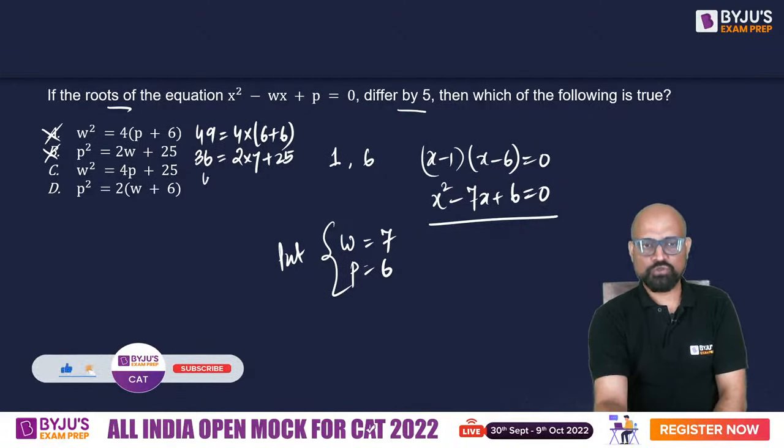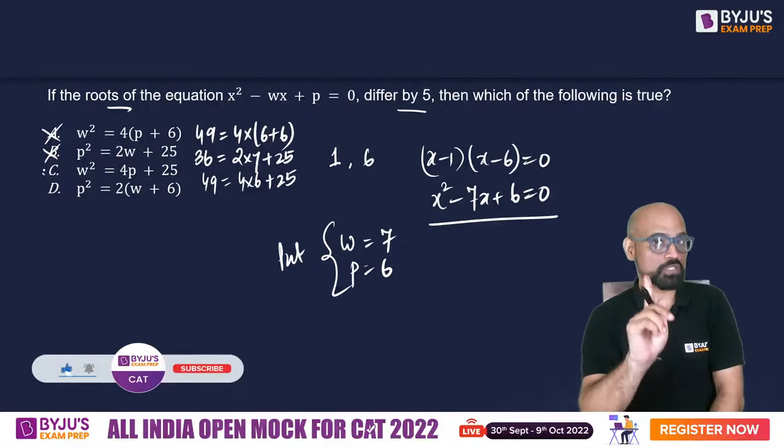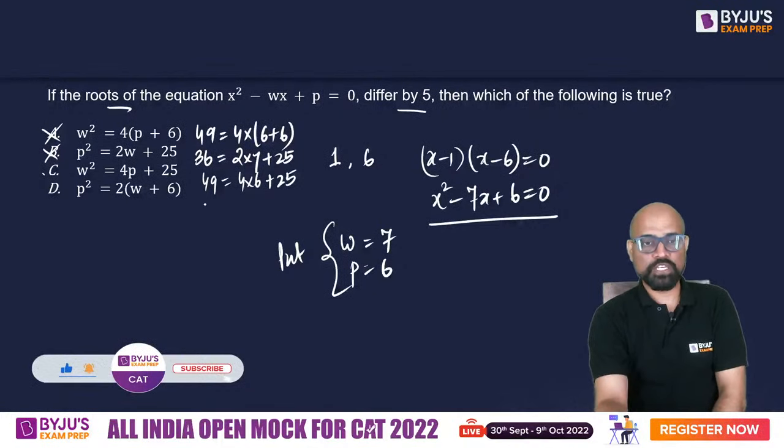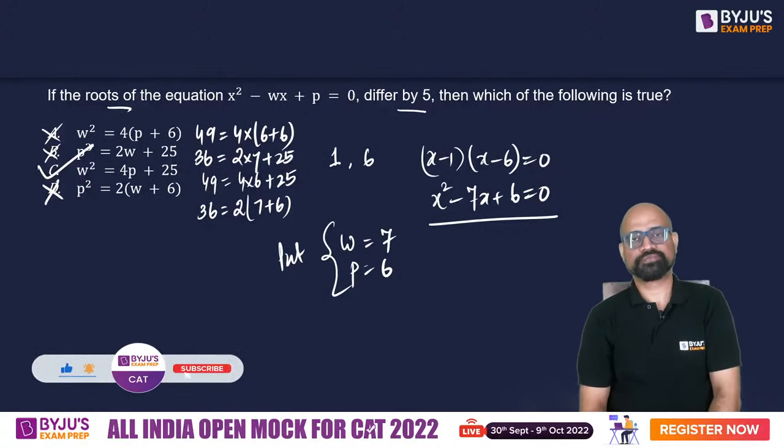Next, w square 49 is equal to 4 into 6 plus 25. Yes, 24 plus 25 is 49. तो अभी तक C हो सकता है. Next, p square, that is 36, is equal to 2 times w plus 6, that is 7 plus 6. 13 into 2 is 26, right? Not 36. So D nahi hai, so C is our answer.